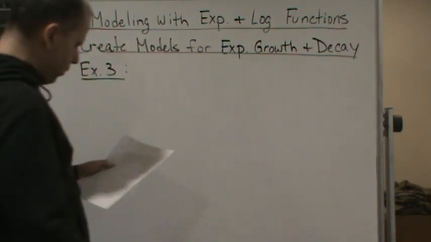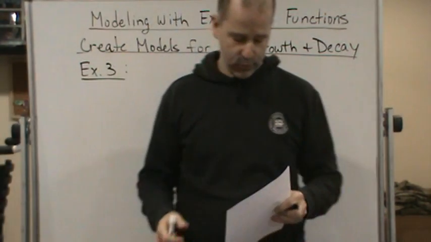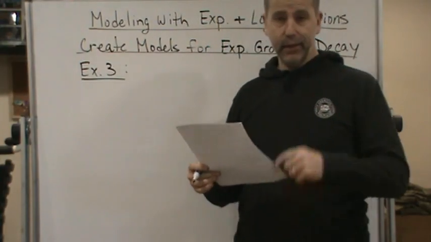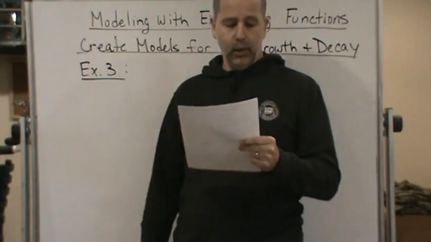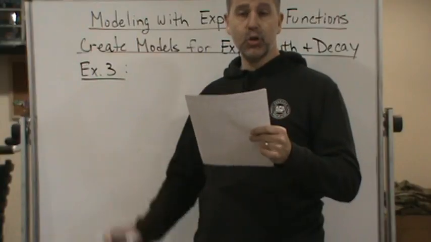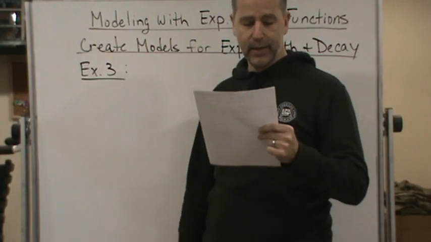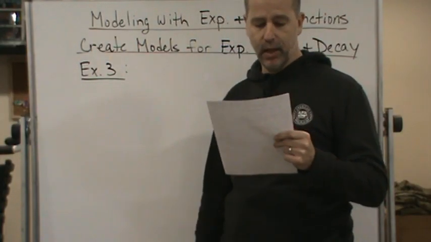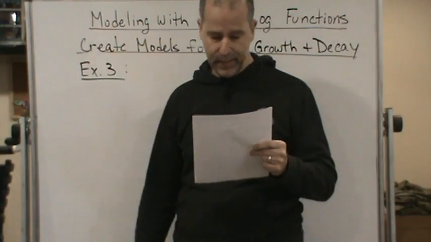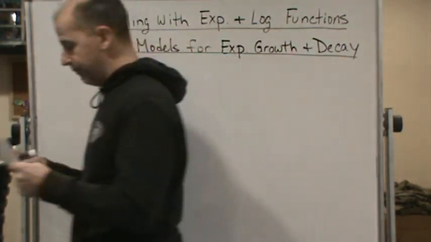Okay, so let's do another problem. And again, these are word problems, so I'm going to read them to you. So again, take notes as I'm reading. So there's two parts, part A and B. Part A says a population P of T of a culture of bacteria is given by this function.